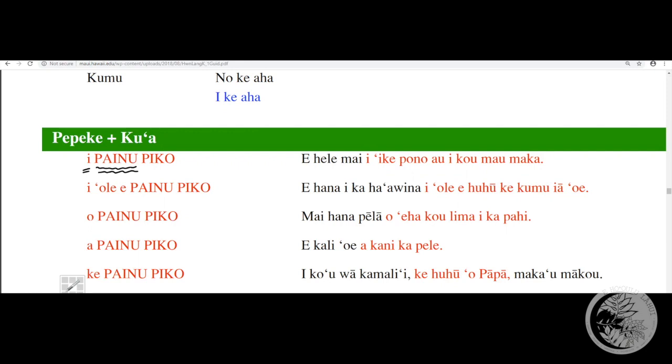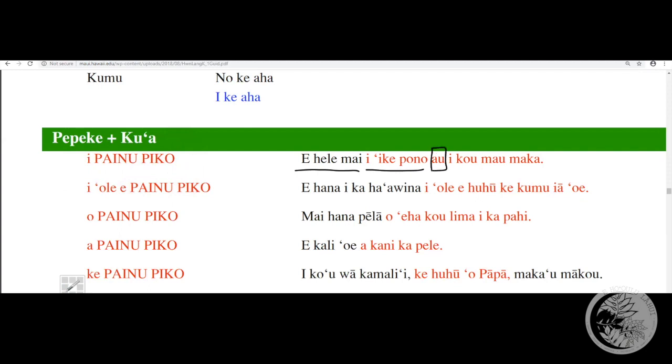Now the piko of that painu may or may not be there. Yeah, especially if the piko is the same piko as what's understood. But you always will have the painu. So there's an example here. E hele mai, come. I ike pono. To see correctly. Who's going to see?